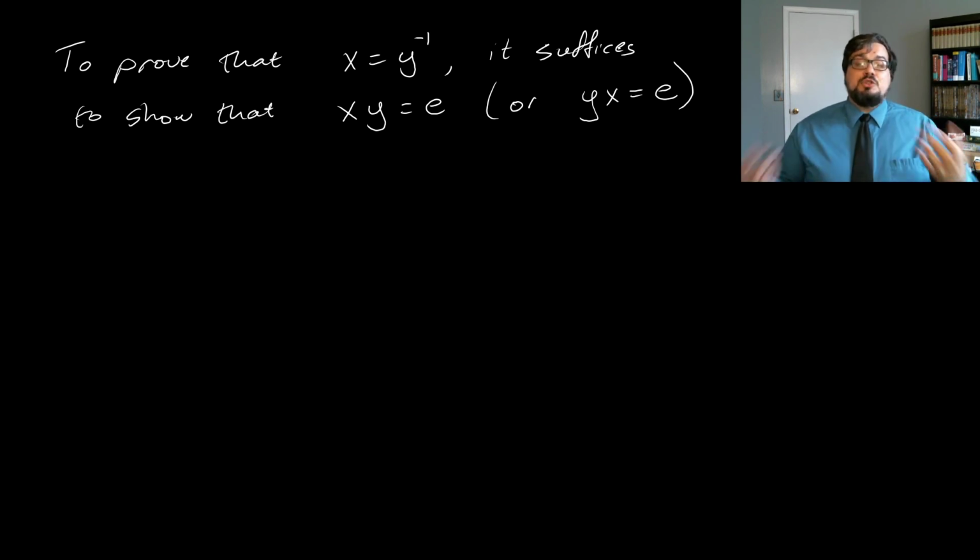So if you have two things and you suspect that one is the inverse of the other, you can prove that simply by multiplying them together and seeing whether you get the identity. If so, congratulations, you've proved that those two are inverses. And if you get something other than the identity, then you've shown that they are not inverses of each other.